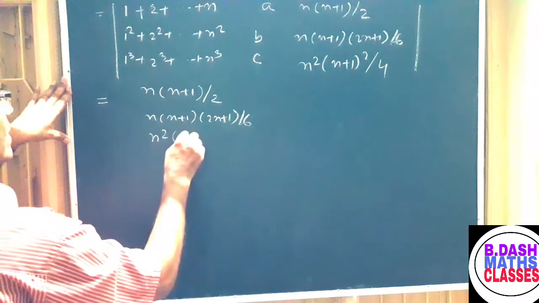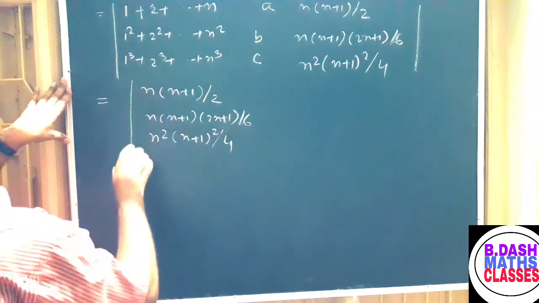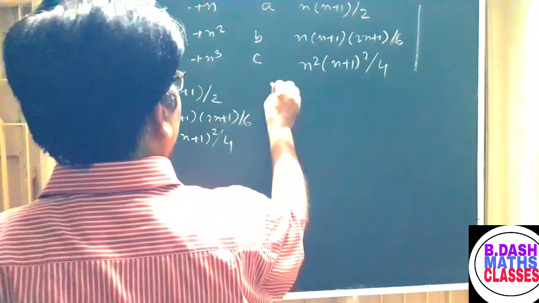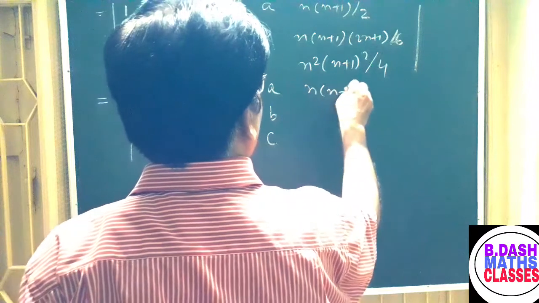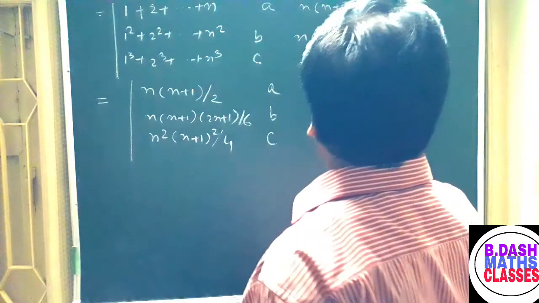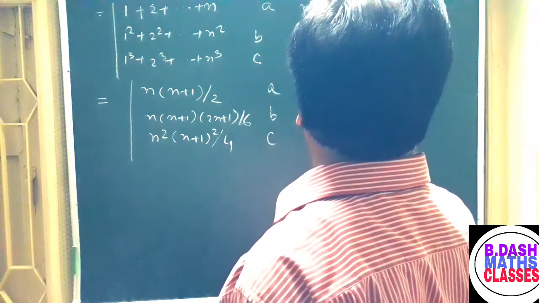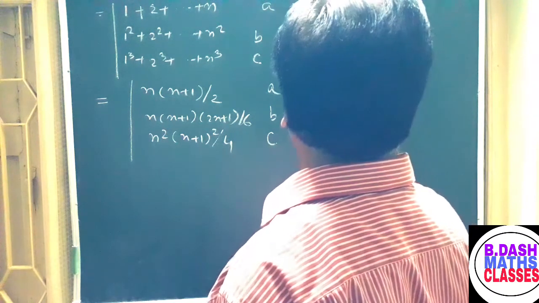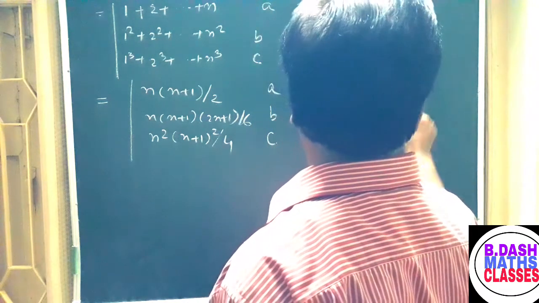This is n²(n+1)²/4. And the second column will be a, b, c. The third column is n(n+1)/2, n(n+1)(2n+1)/6, n²(n+1)²/4.